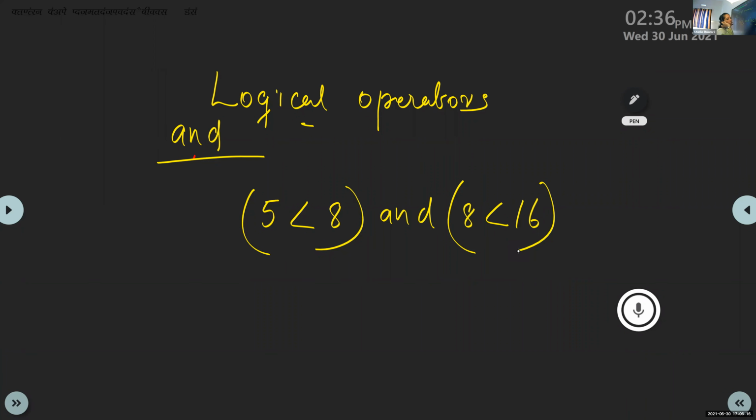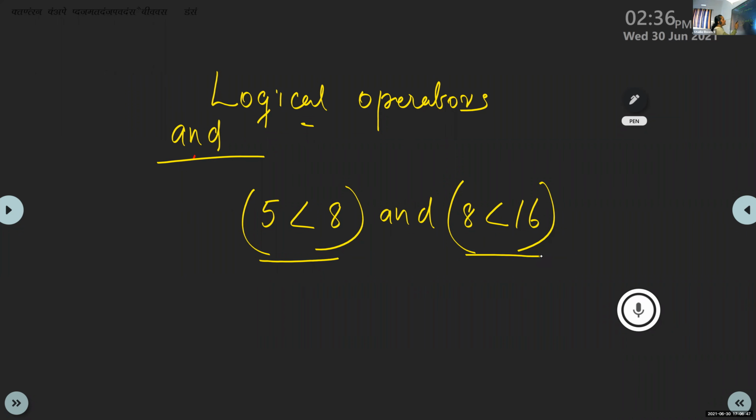The operator we use for two operands. Correct. Operators that use two operands are known as binary operators. So AND is a binary operator because it needs two operands. This is the first operand, this is the second operand.